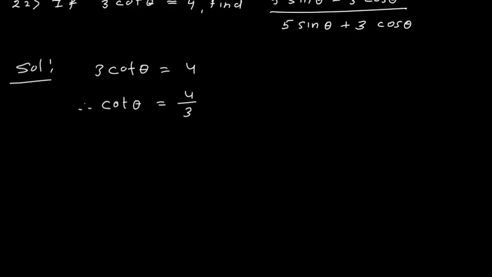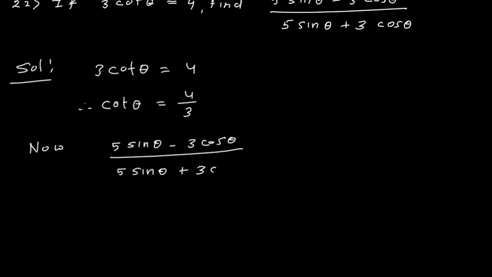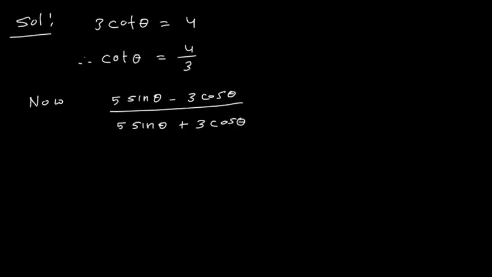Now we have 5 sin theta minus 3 cos theta whole divided by 5 sin theta plus 3 cos theta. Now we will divide numerator and denominator by sin theta.